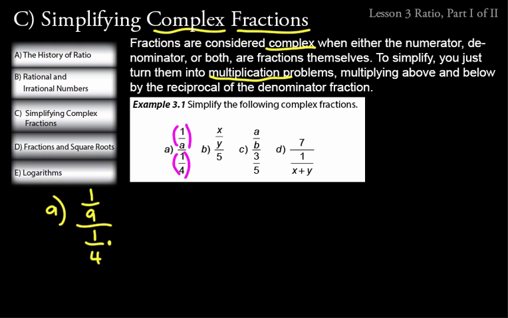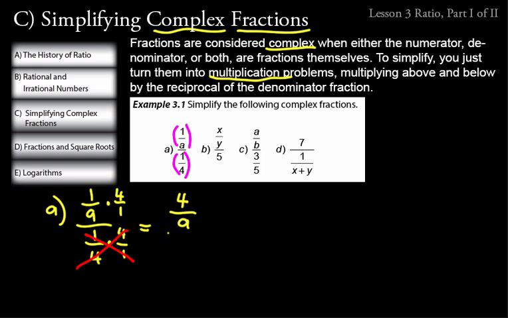So we just say times 4 over 1, times 4 over 1. What that ends up doing is canceling everything out in the denominator. And in the numerator, we end up with 1 times 4 is 4, over a times 1 is a. Same thing as we got before, right?